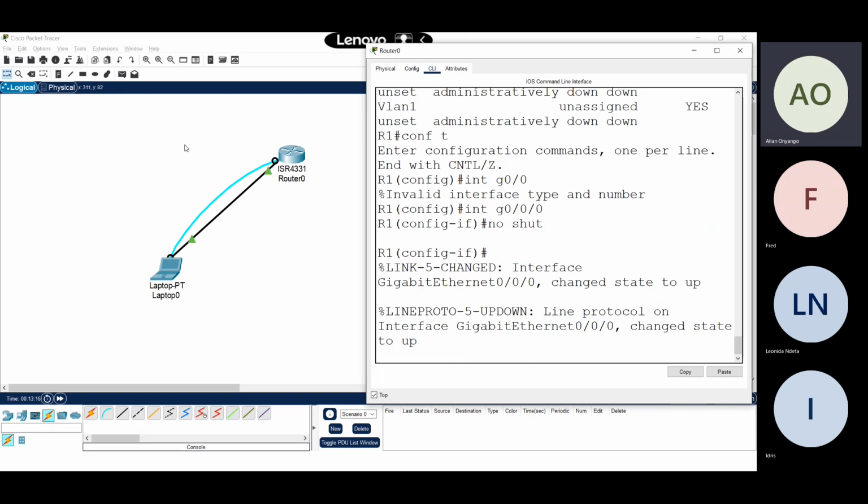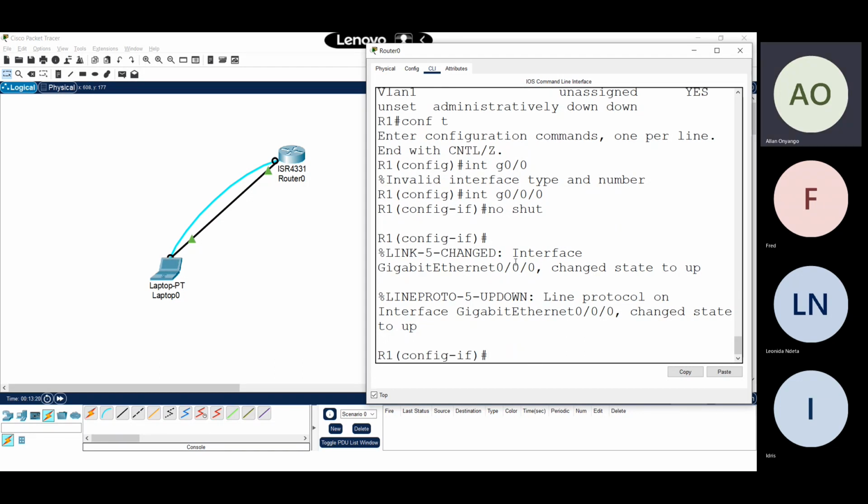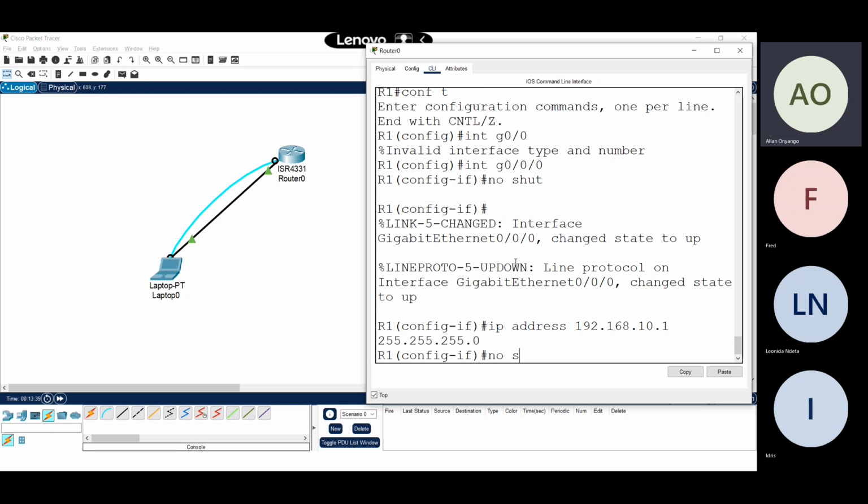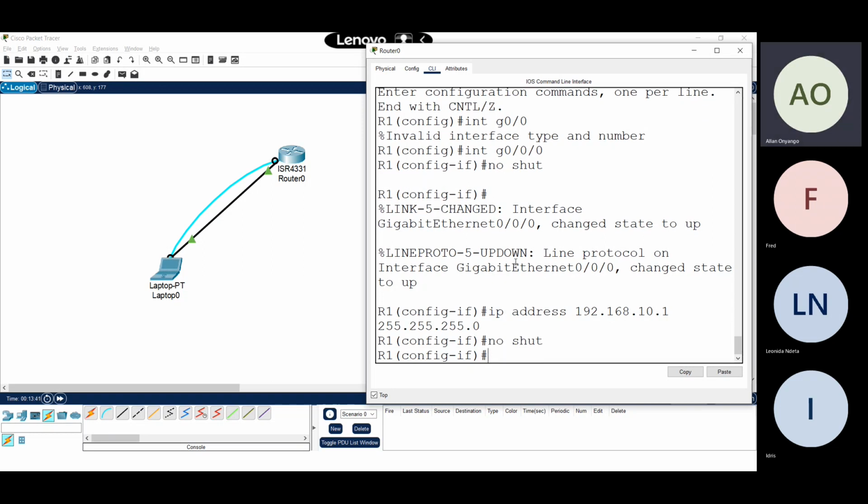You can see the links have turned to green now. So I need to give it an IP address. So let me say IP address 192.168.10.1, subnet mask 255.255.255.0. And I say no shut. It's already up.